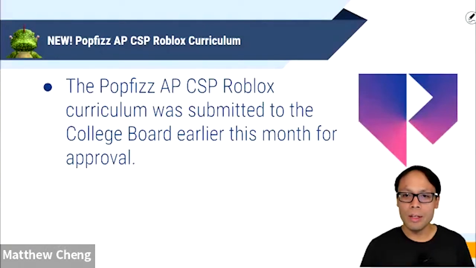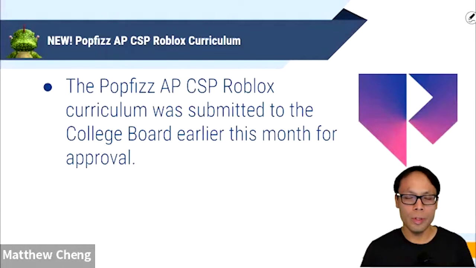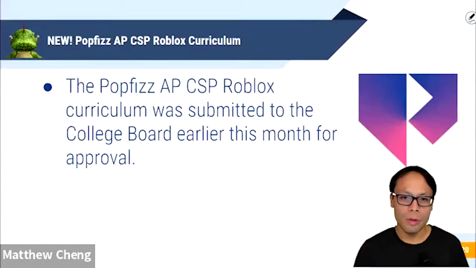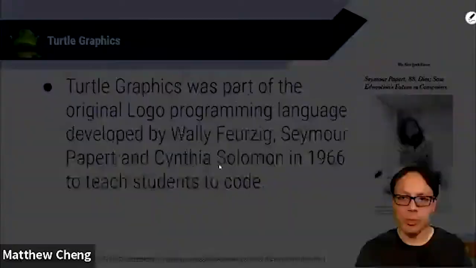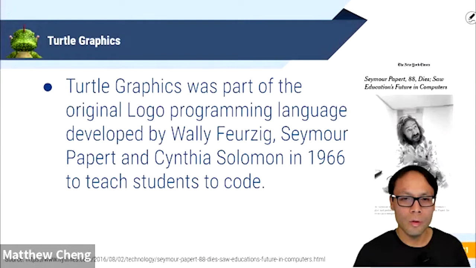We submitted it to the College Board a few weeks ago for approval. So once it's approved, you can actually go ahead and submit that as part of your AP Computer Science Principles audit.